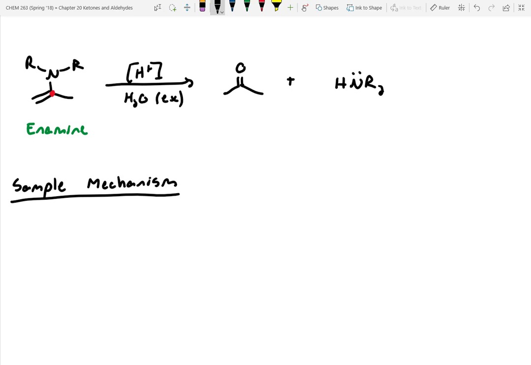What you can do is look at the notes from when we did the forward reaction for making an enamine. All of the intermediates will be the same. And then you've got to figure out how to do the arrow pushing backwards.